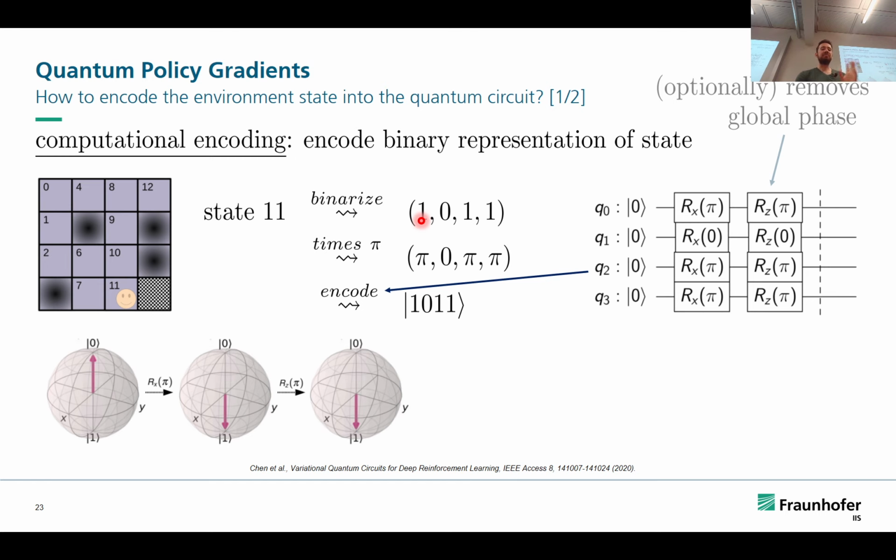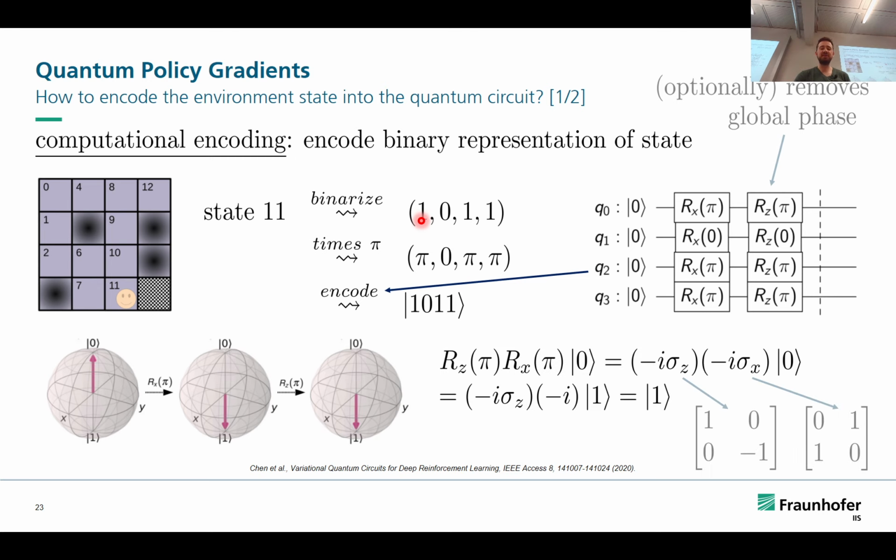The next part is optional. We also can use this additional RZ rotation. The reason for that is that we also have some global phases here. If we do the Rx rotation, we introduce this global phase factor of -i.